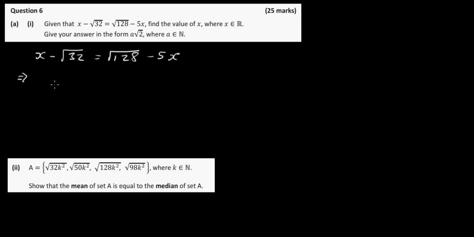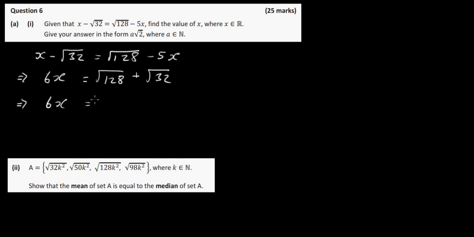Let's just start by bringing this minus 5x over to this side. So we'll add 5x to both sides, so 5x plus x will give us 6x, and let's leave this 128 on this side, and we'll add the root 32 to this side.